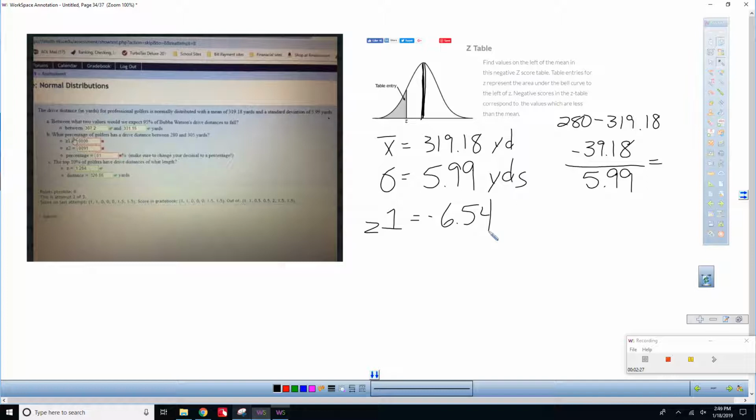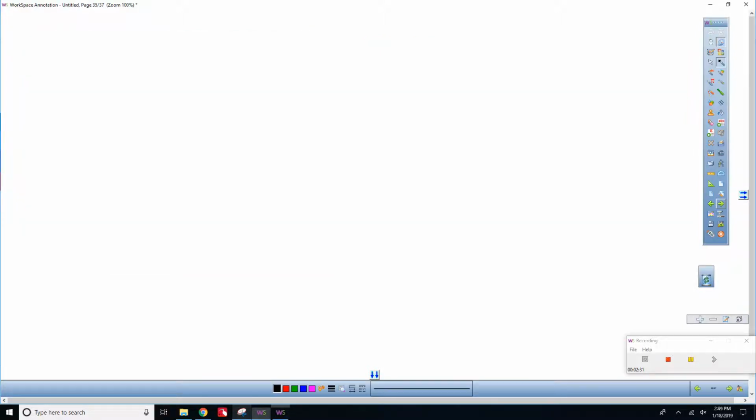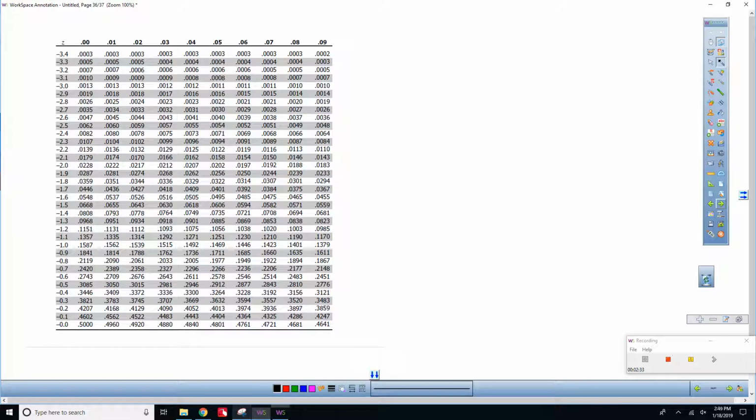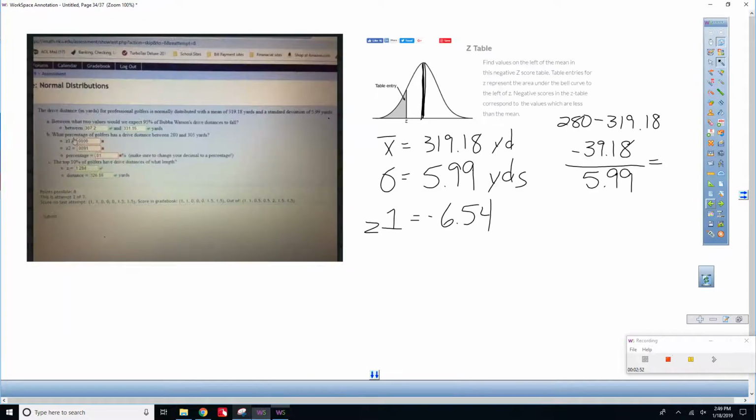When you look at a normal z-chart, it doesn't even go past negative 3.4, because what this means is that 0.03% of the data is to the left of that, and that's just if it's 3 standard deviations away. Ours, in this case, is 6 standard deviations away.